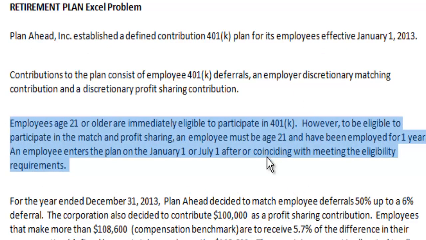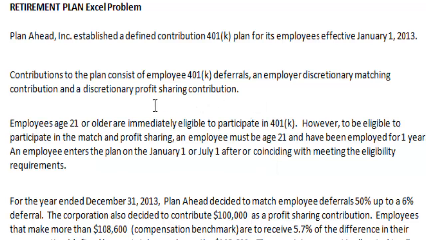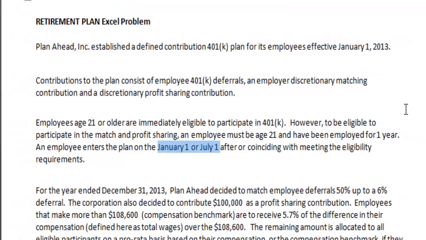First, to be able to participate in the matching portion of the plan, employees must be 21 years or older. They must have been employed for 1 year. Notice that there's 2 dates on which we would estimate this eligibility, January 1st or July 1st.